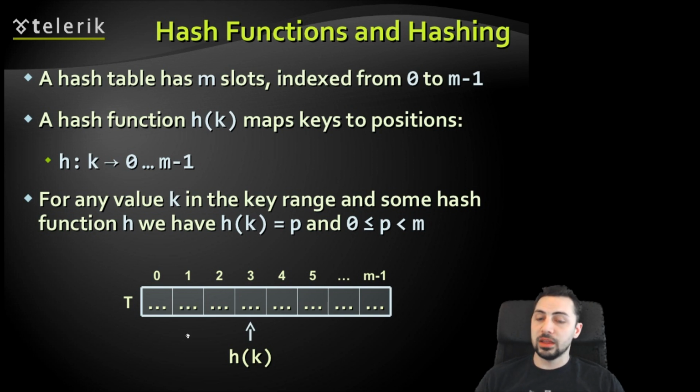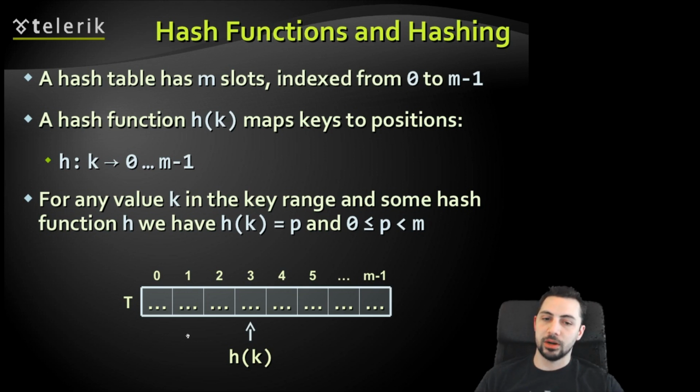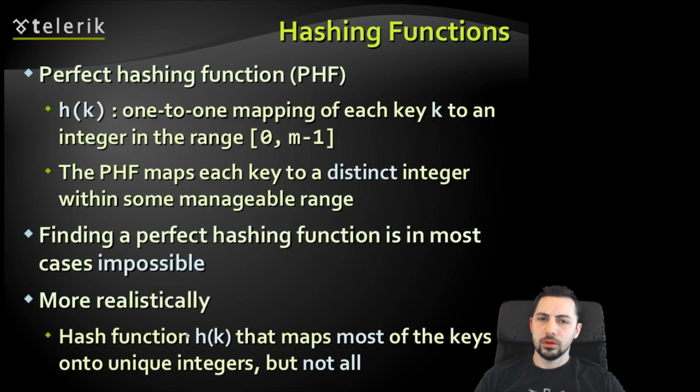Now, what that does mean, though, is sometimes two things that are 32 apart from each other will end up with the same hash number. Okay? So the perfect hashing function doesn't have that problem. It will always map correctly, but it's usually not that probable. Realistically, we map it into a subset, but it won't be unique for every input.